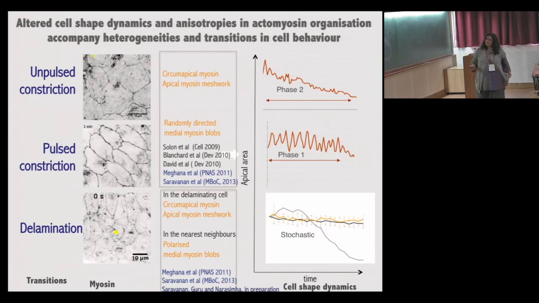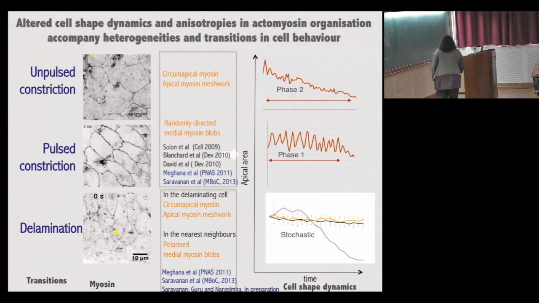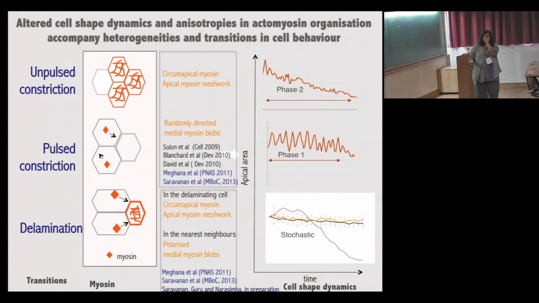I'm primarily going to focus on this just to tell you that pulsed constriction in the amnioserosa is associated with, again, an apical and medial actomyosin complex that appears to move. In addition to forming and dissolving, it appears to move in a sort of random direction, right? It could move here, it could move there.